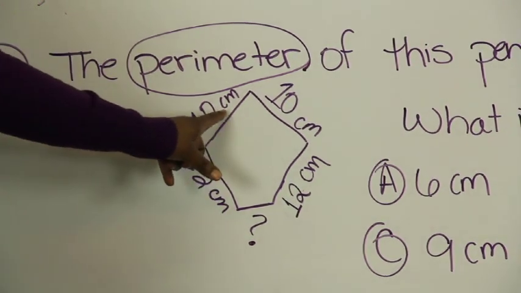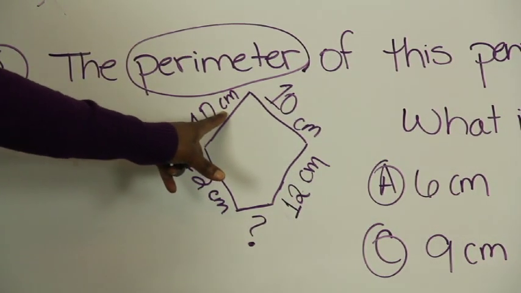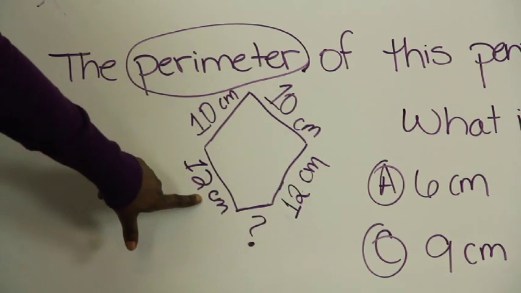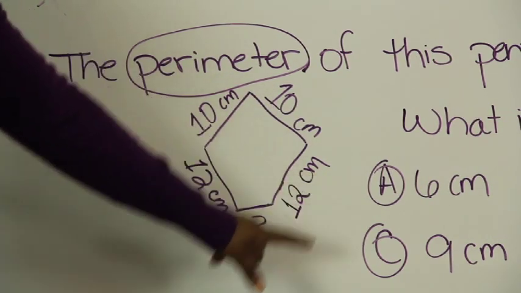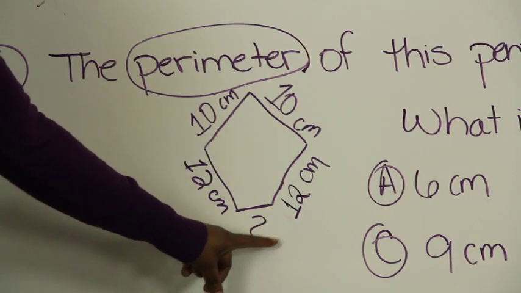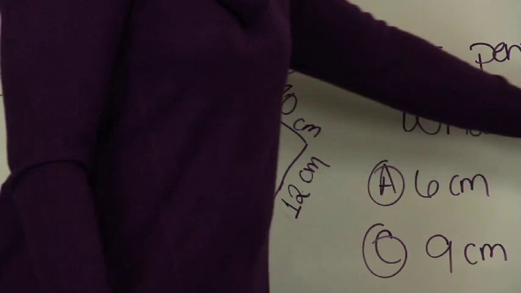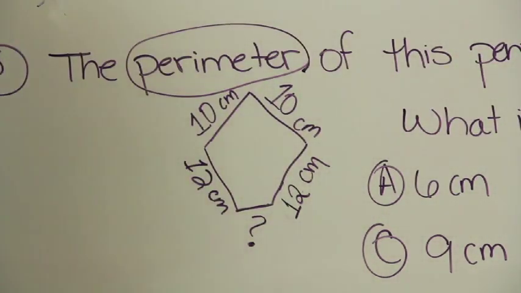So each side, this side is 10 centimeters, if you can't tell. 10 centimeters on that side, 12 centimeters here, and 12 centimeters there. And you have to somehow figure that one out, because it says, what is the missing length? So we know that we need to find the missing length.